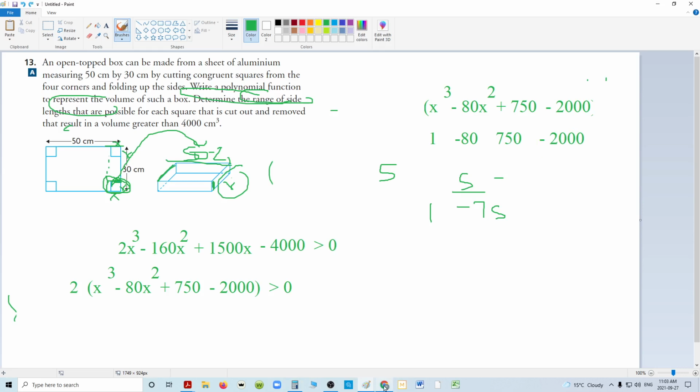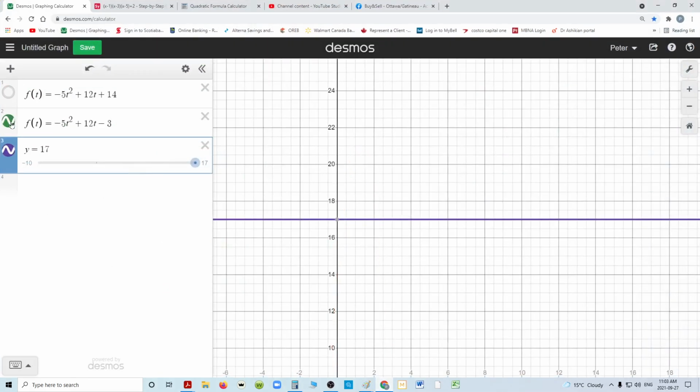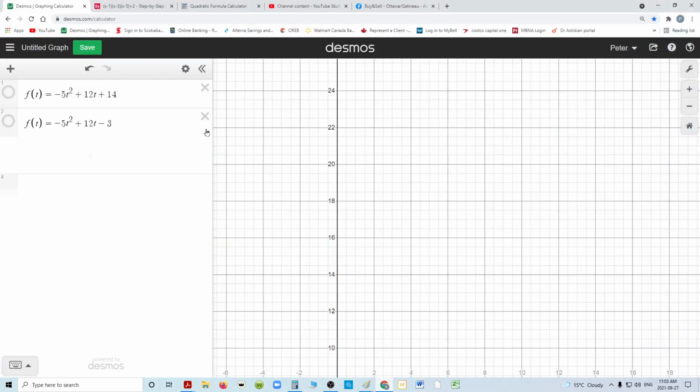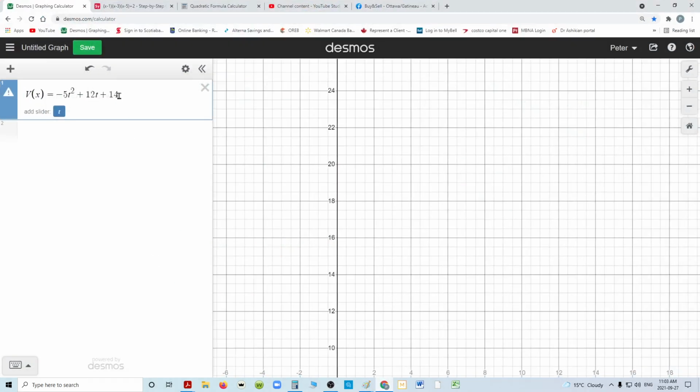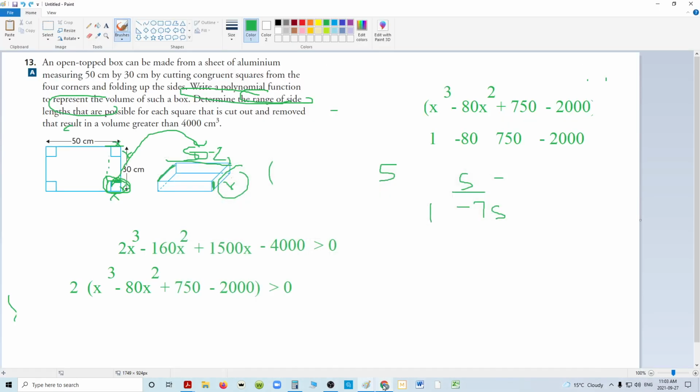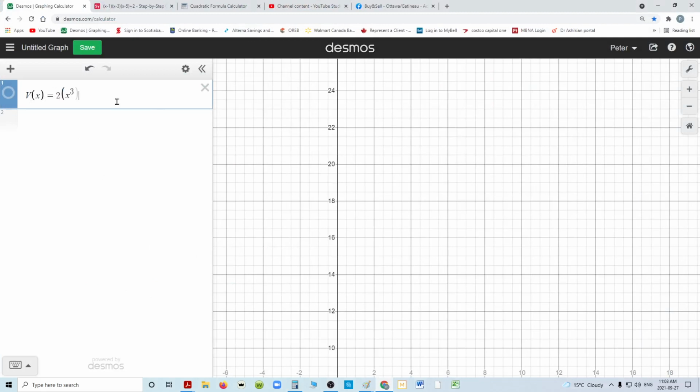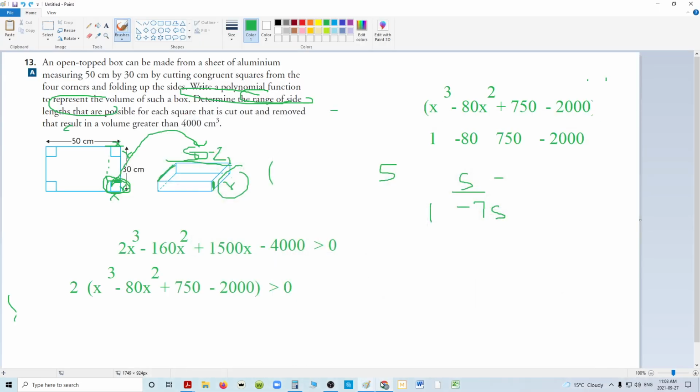So what I'm going to do is pretend I have it in a calculator. I'm going to turn off this graph. And I'm going to call it volume based on x. And it's going to be 2x cubed, just to speed up the process, minus 80x squared. So you'd punch this into your calculator, and they can do that now.